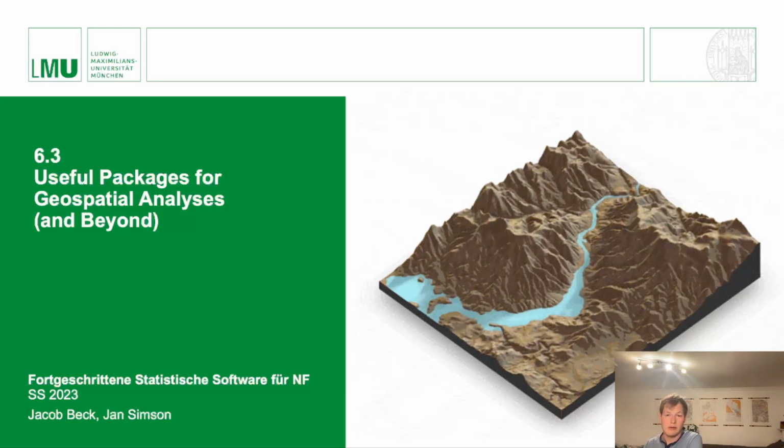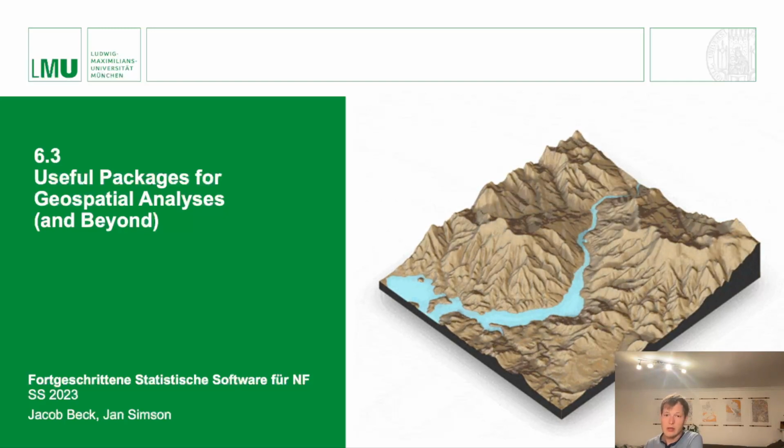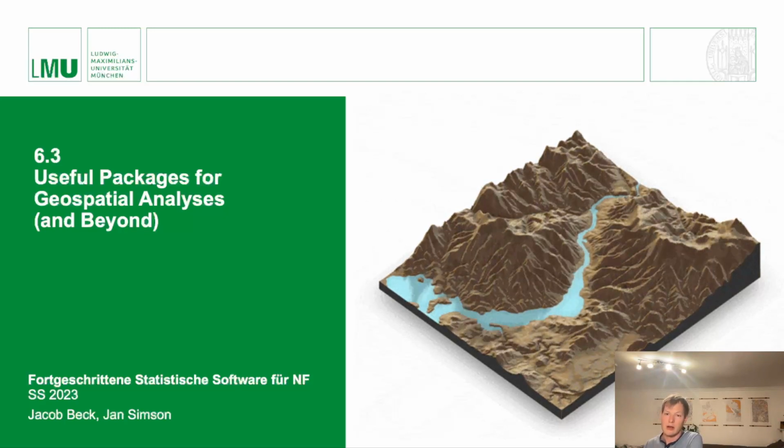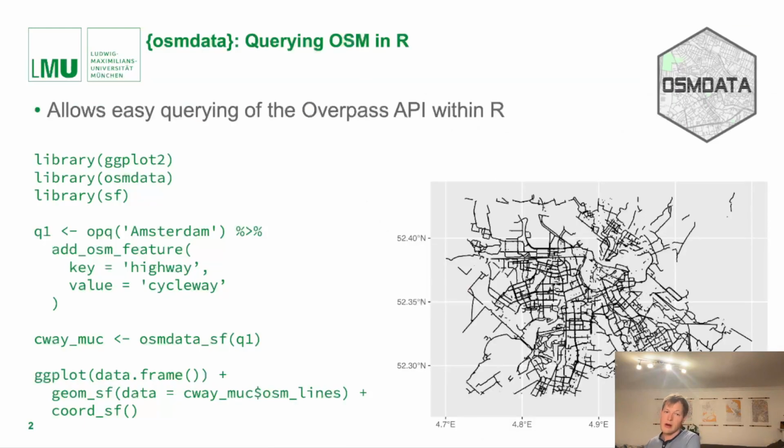So I was briefly talking about Overpass in the previous video, which hopefully you saw. And I said already that there's an R package for this, and that R package is called osmdata. That package really makes it quite easy, similar to the web UI I showed before, to create these queries in an even simpler query format in R, and then download the data.